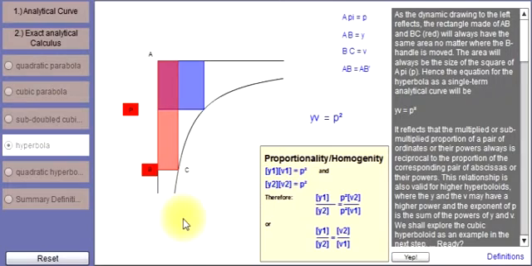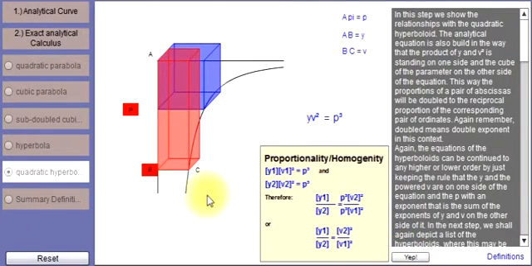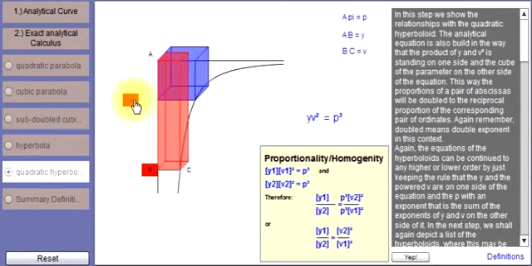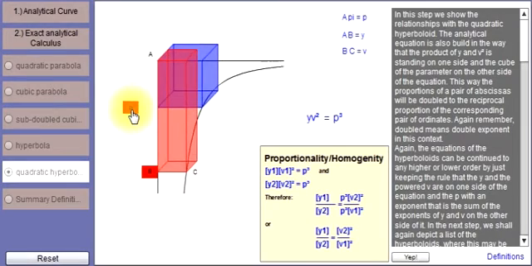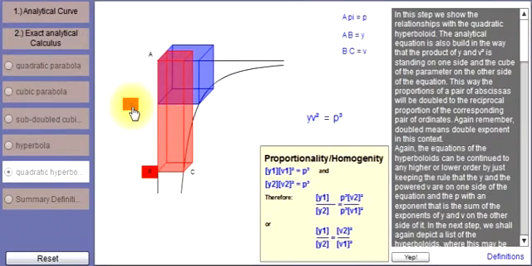In the next one, we look at a quadratic hyperbola. So this is what the curve looks like. And again, as you see that since we're going now through a higher order hyperboloid, that we now also need to compare objects of higher order.